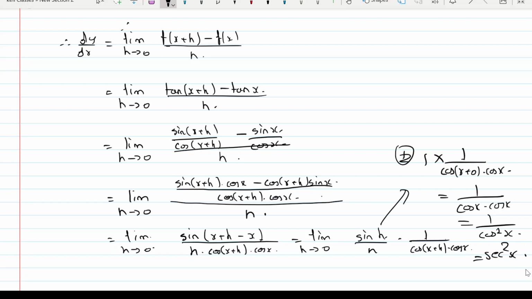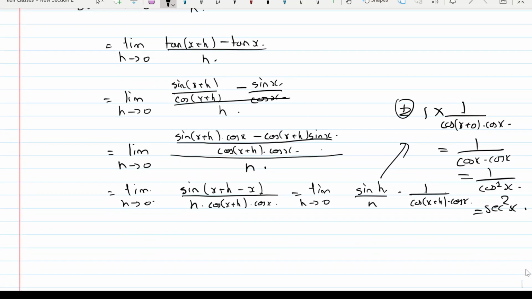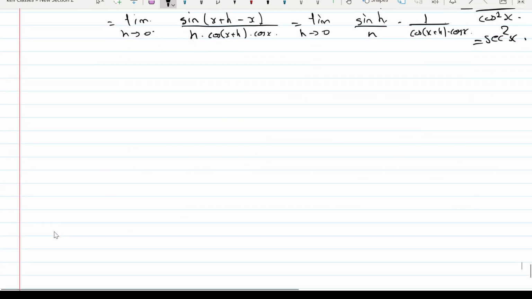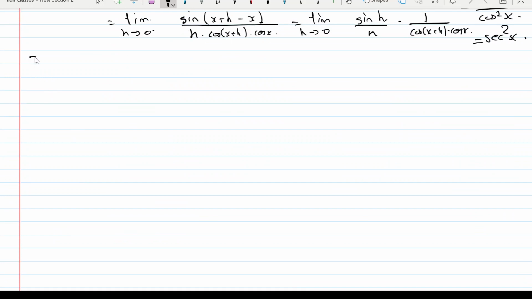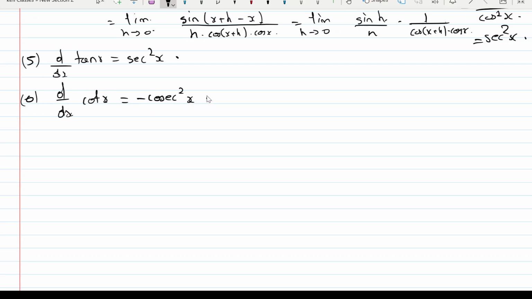So d by dx of tan x is sec square x. Okay, so whatever the number, fifth one, d by dx of tan x is equal to sec square x. You can similarly show d by dx of cot x is minus cosec square x.